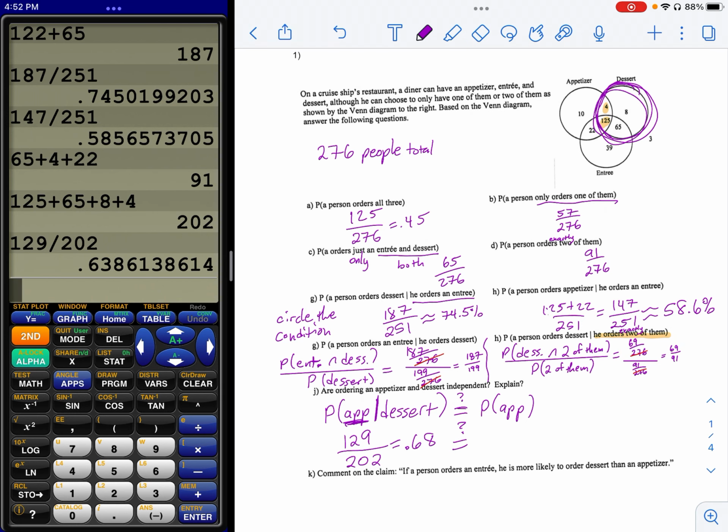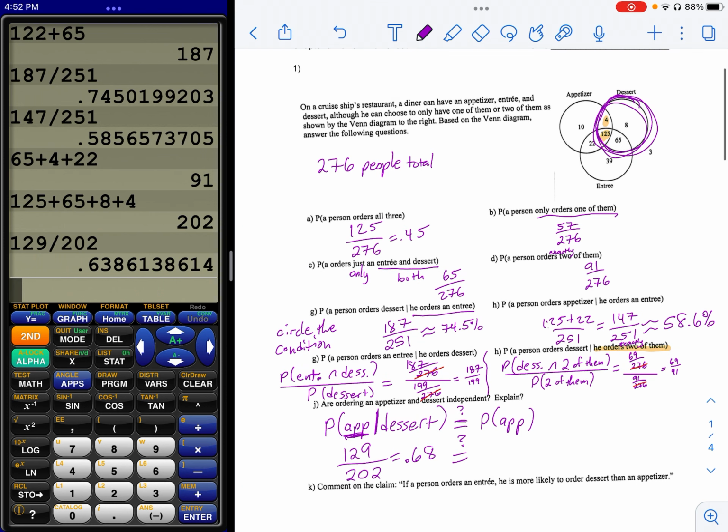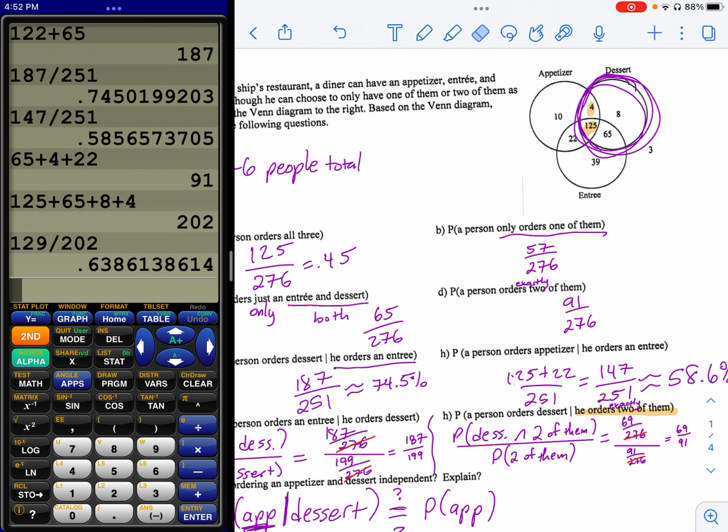Does that equal the probability of just ordering an appetizer? For that, there's no condition. How many people in this chart ordered an appetizer? Again, I'm interpreting this to mean just any appetizer. It could have been one, two, or three. And that is everybody in this circle.